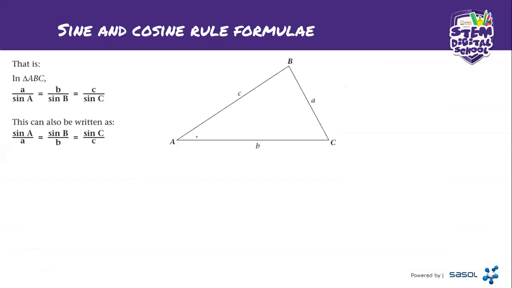We are referring to this angle, and the side which is opposite to this angle is going to be small a. The same applies with this C. If this angle of C, the opposite side of that is going to be small c. And then B, the same applies with B. If this is angle B, then the opposite side is going to be small b. So that's how you are going to obtain the formula for the sine rule.